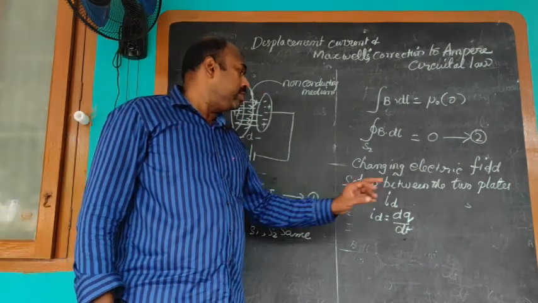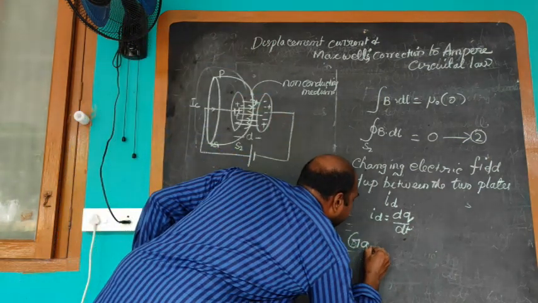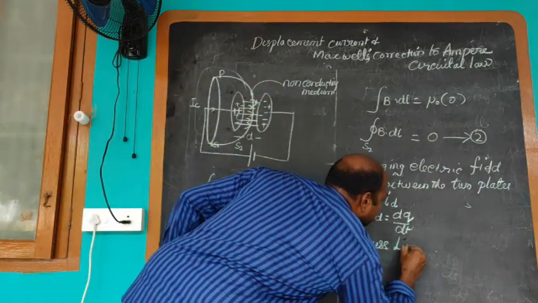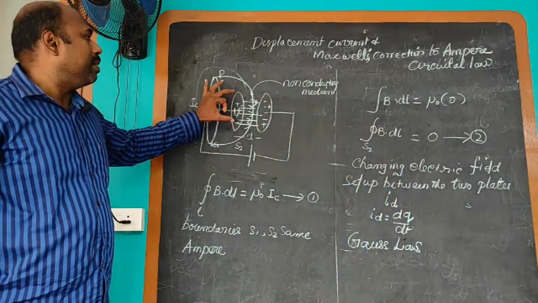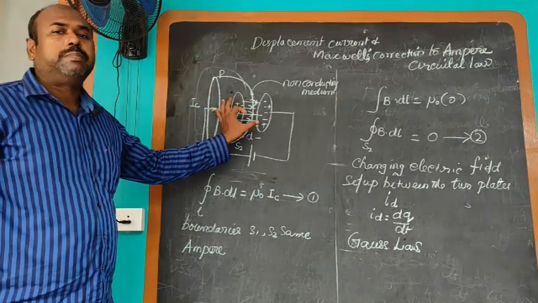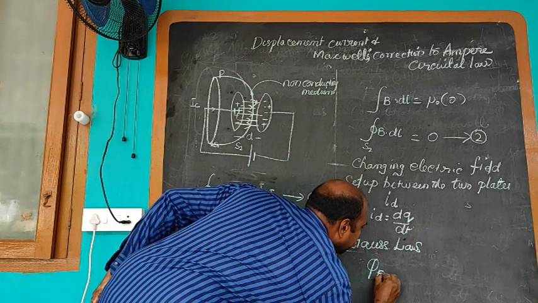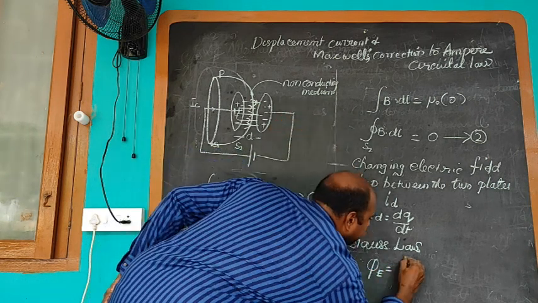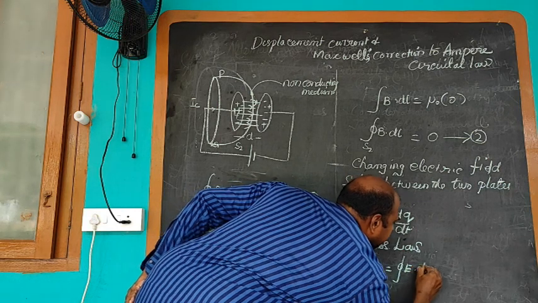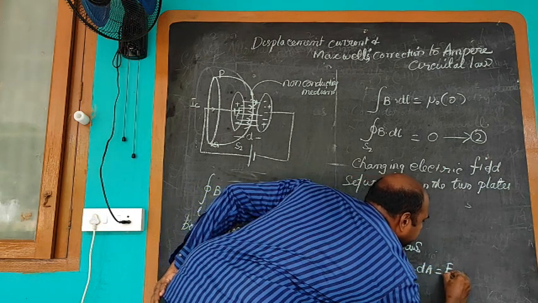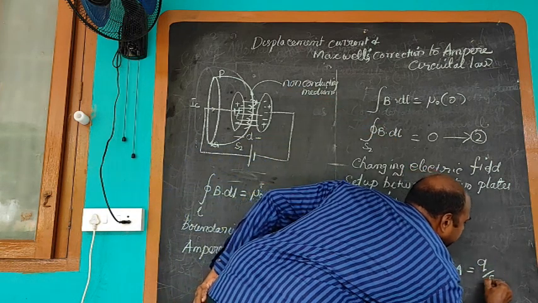When we apply Gauss law, we can find the electric flux between the parallel plate capacitor. The electric flux phi E is equal to integral E dot dA, which is EA, equal to Q by epsilon 0.